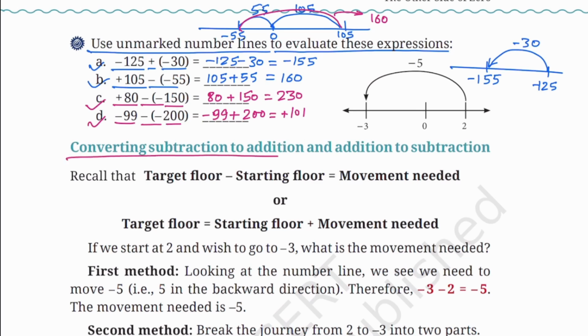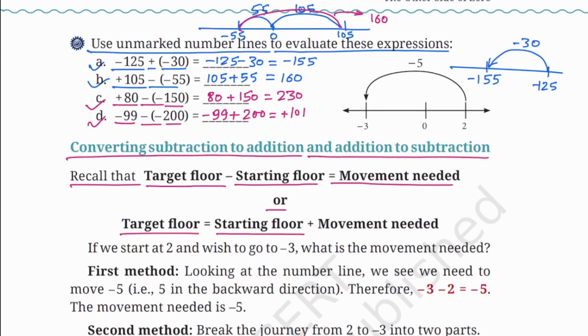Converting subtraction to addition and addition to subtraction. Recall that target floor minus starting floor is equal to movement needed, or target floor is equal to starting floor plus movement needed.